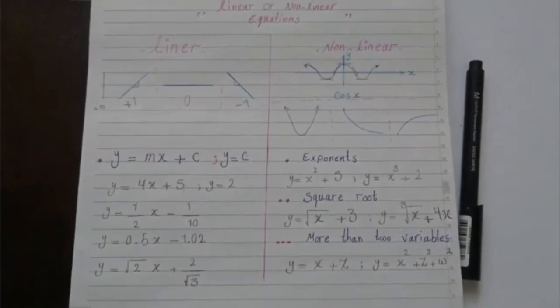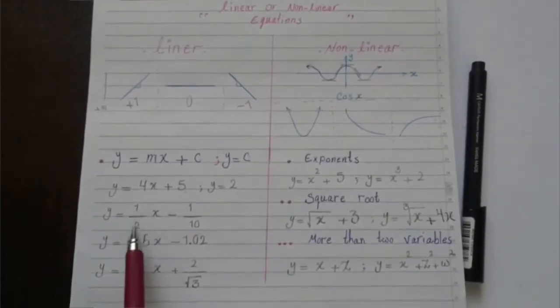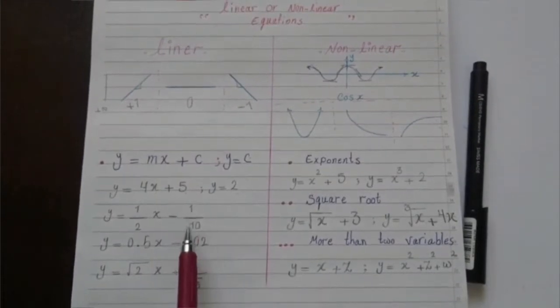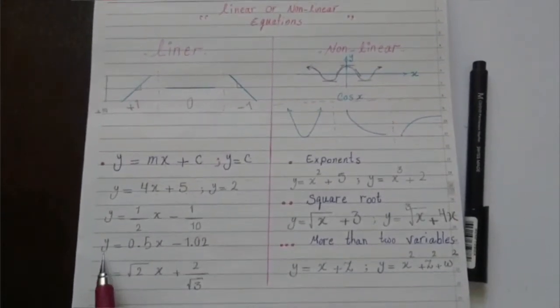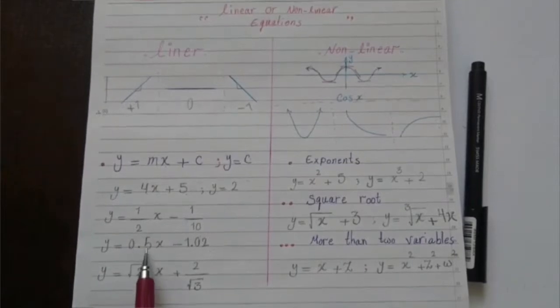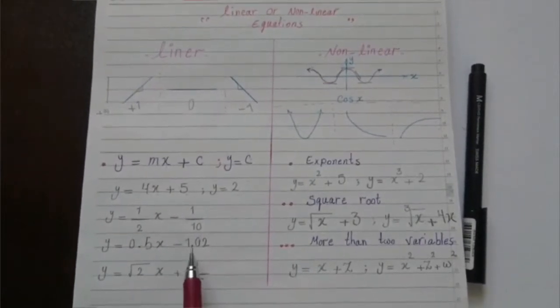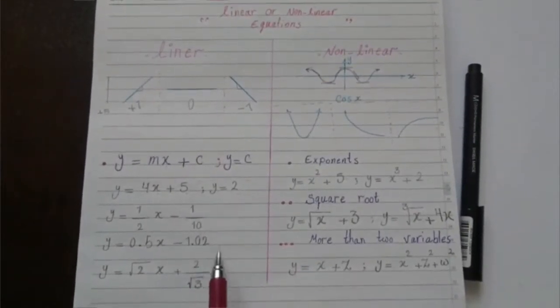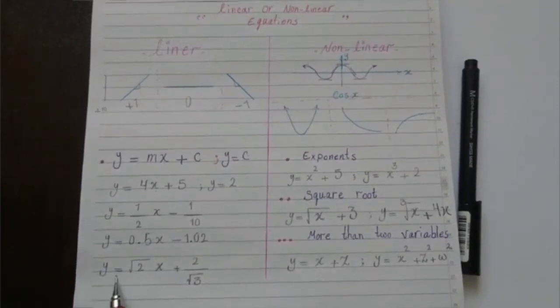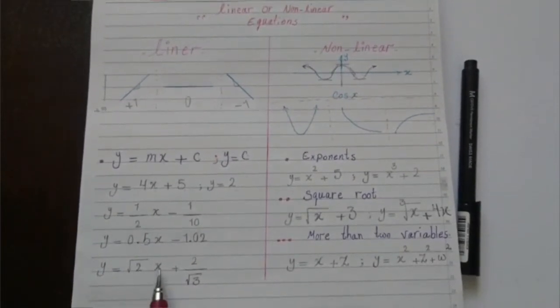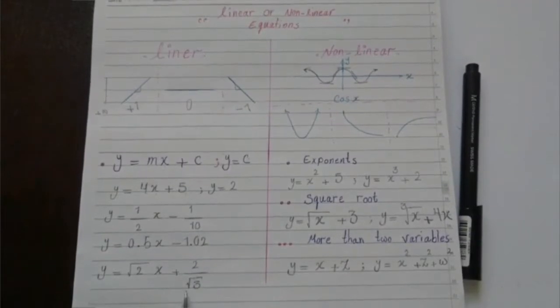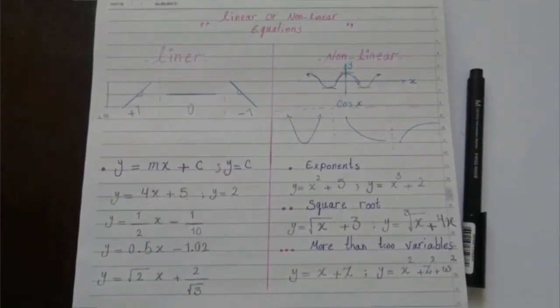For instance, y is equal to 1 over 2 times x minus 1 over 10. Y is equal to 0.5 times x minus 1.02. Y is equal to square root of 2 times x plus 2 over the square root of 3.